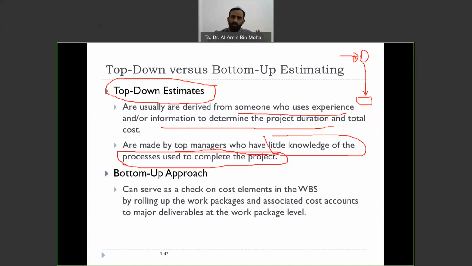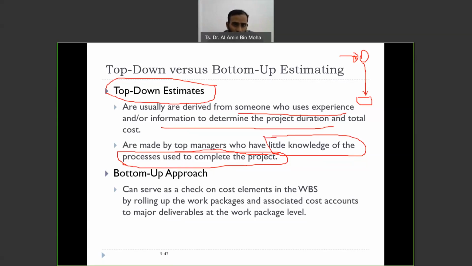They have knowledge, but little knowledge of the process, the technical part. The boss says, we're going to get the project, we're going to bid for 1 million. What he said, 1 million, is a top-down estimate based on his vast experience, but it's not a detailed calculation, right? So it's by the bosses based on their experience, but with little knowledge of the process.